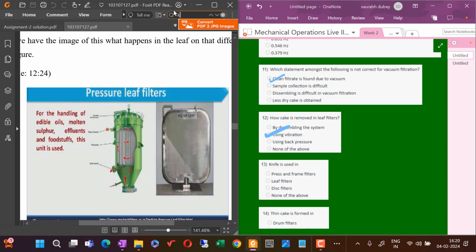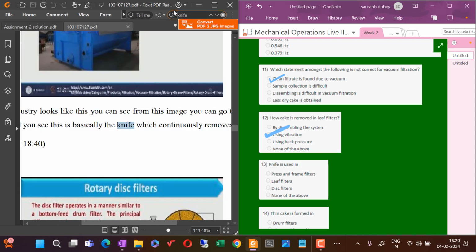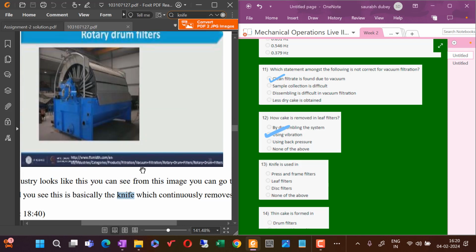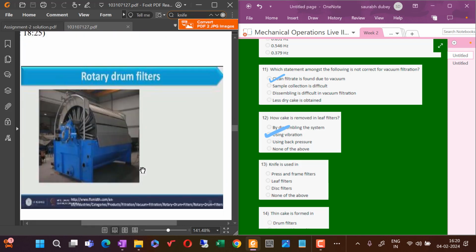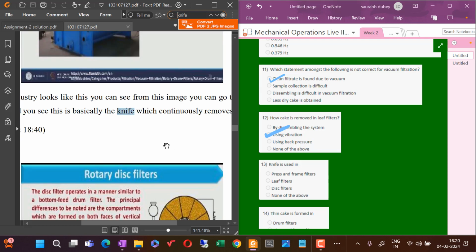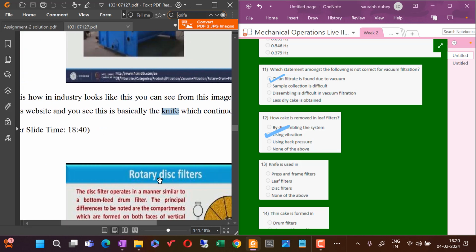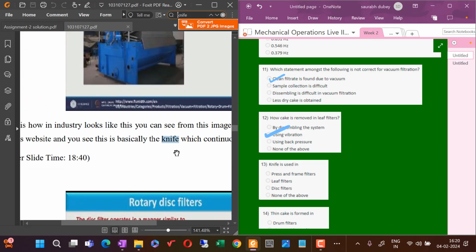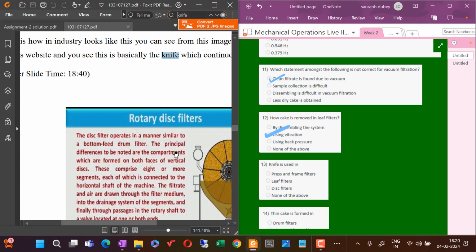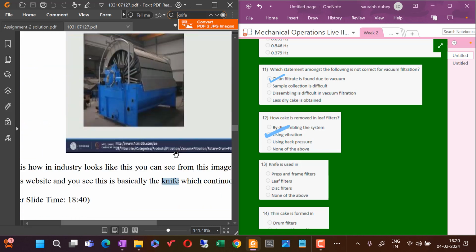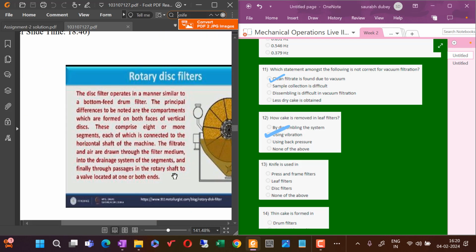When you see this, this is basically the knife which continuously removes the cake. So where is that knife? At the rear, it is there, in the disc filter.